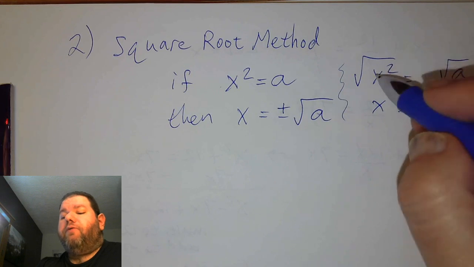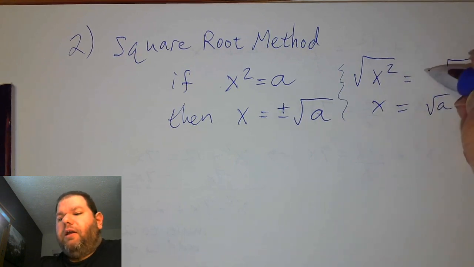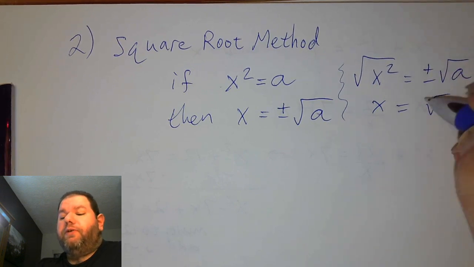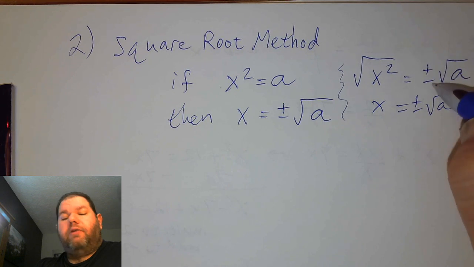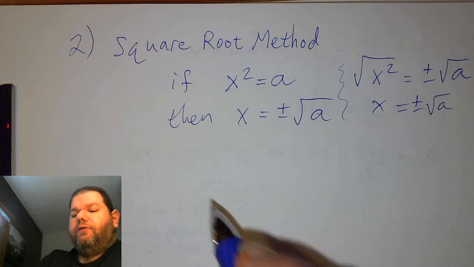Now, whenever we ourselves, as people working the problem, introduce a square root into the problem by taking the square root on both sides, we have to include plus or minus as part of that, because really there's two solutions there. And let's look at why that's true.